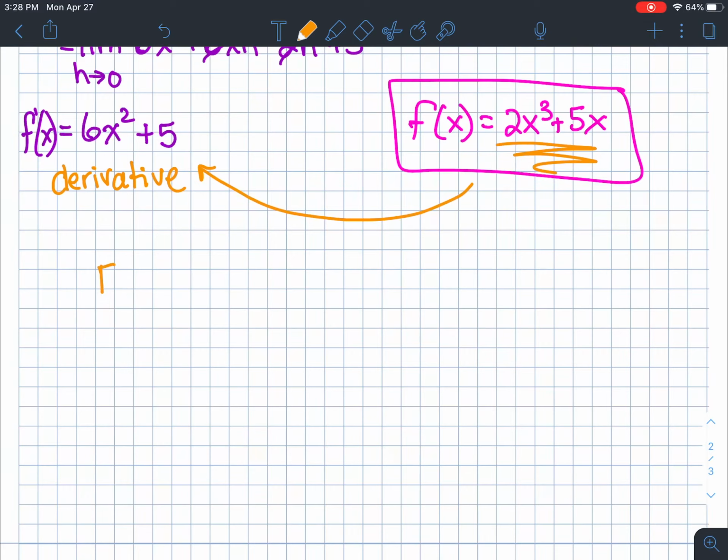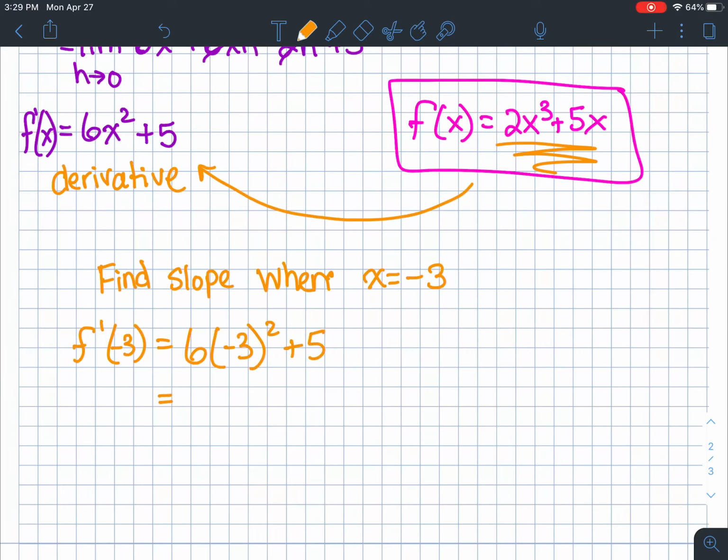Let's say it said, find the slope when x equals -3. Totally, we could do that. So we just take the derivative and we sub in -3. So 6 times -3 squared plus 5 is equal to 6 times 9 plus 5.